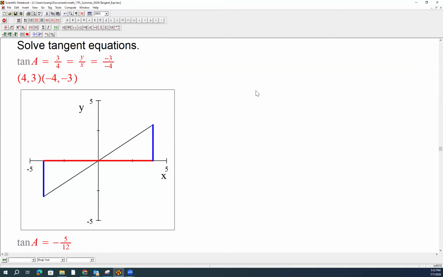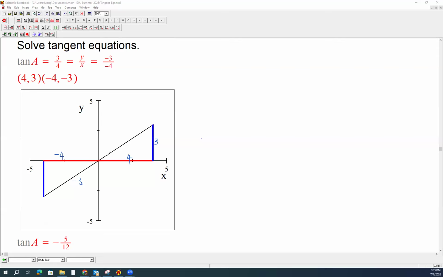So basically, let's put these numbers in place. For 4, 3, this is 4 and that's 3. And this is -4 and it's -3. So when we talk about D to A, we have found our R, right?